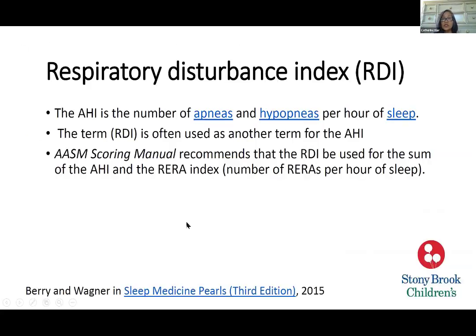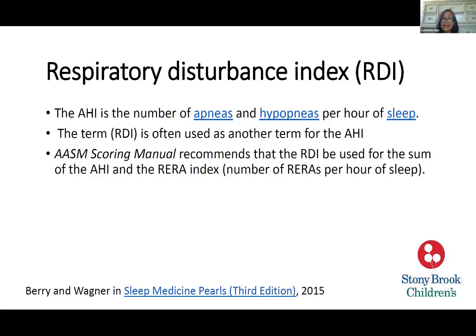Now, respiratory disturbance index is also good to identify and sort out, and this is actually a combination of your AHI, your apnea-hypopnea index, and your RERAs, which is your respiratory event-related arousals that we talked about for upper airway resistance syndrome.